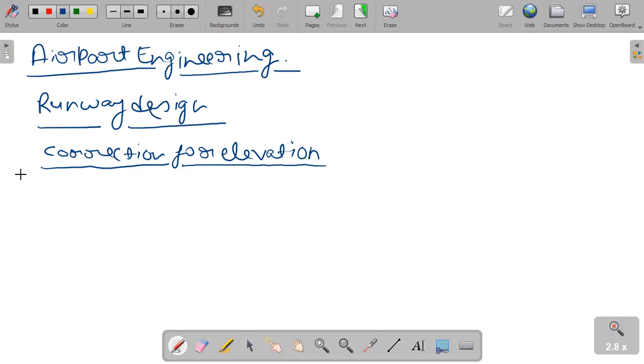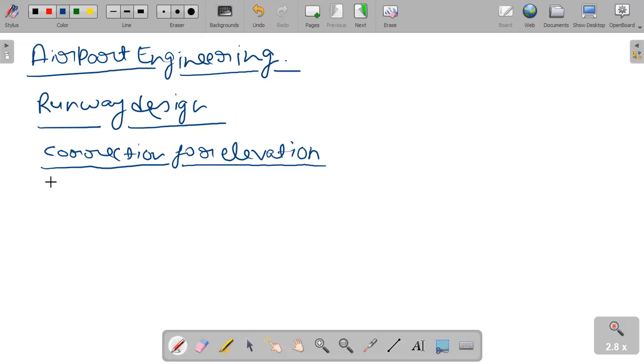In the correction for elevation, ICAO, which is the International Civil Aviation Organization, recommends that the basic runway length should be increased at the rate of 7% per 300 meter rise in elevation above the mean sea level.